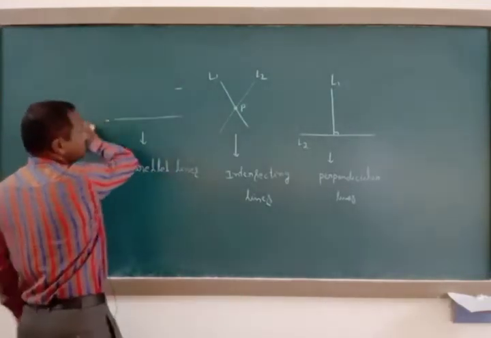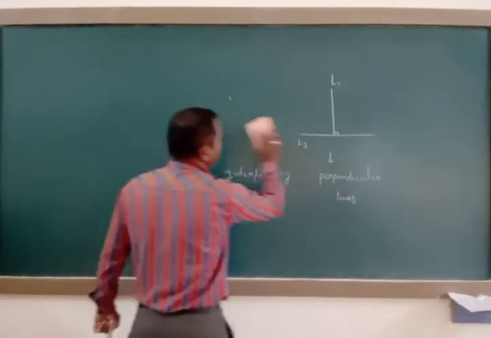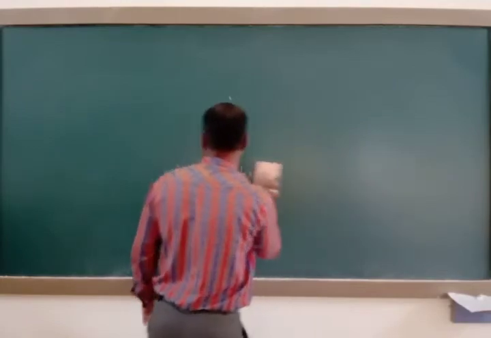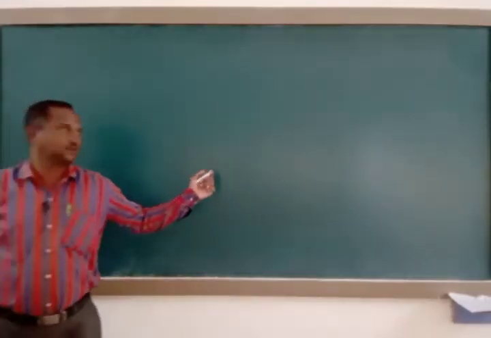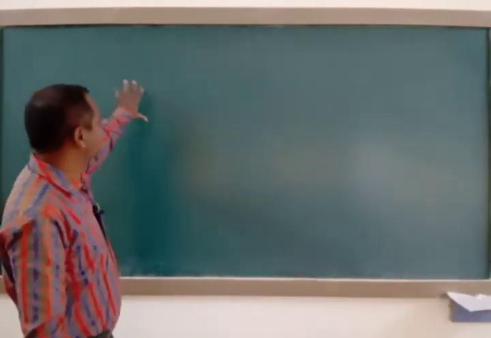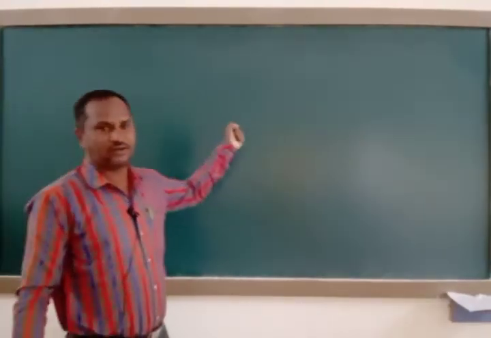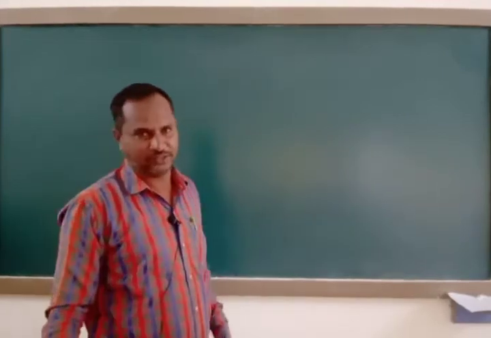Skew lines never parallel and never intersect. In all these three cases, we can easily analyze which are parallel, which are intersecting and which are perpendicular.